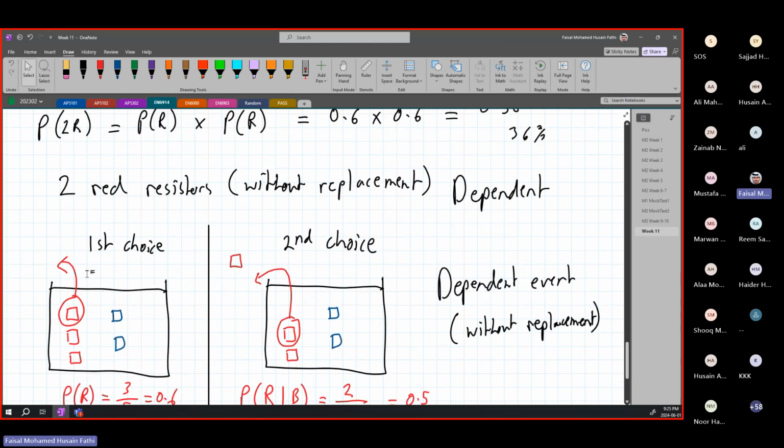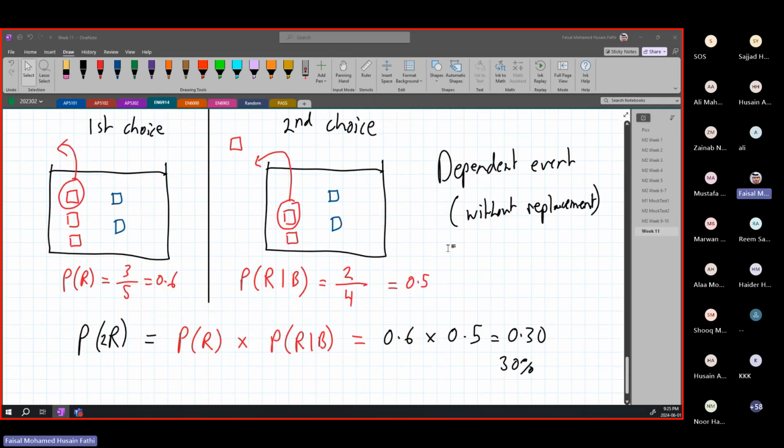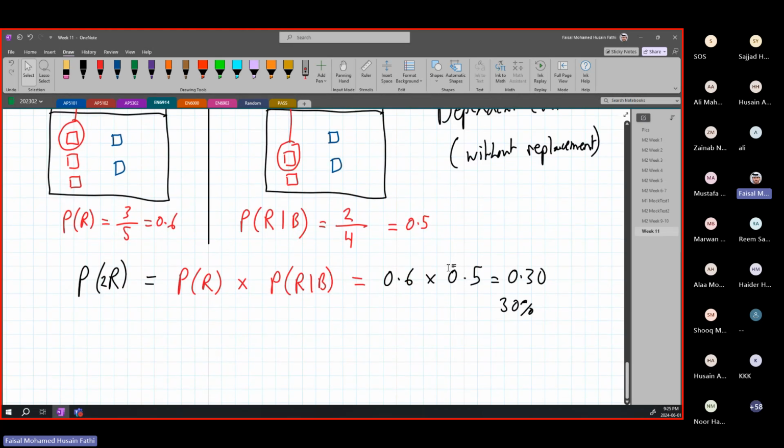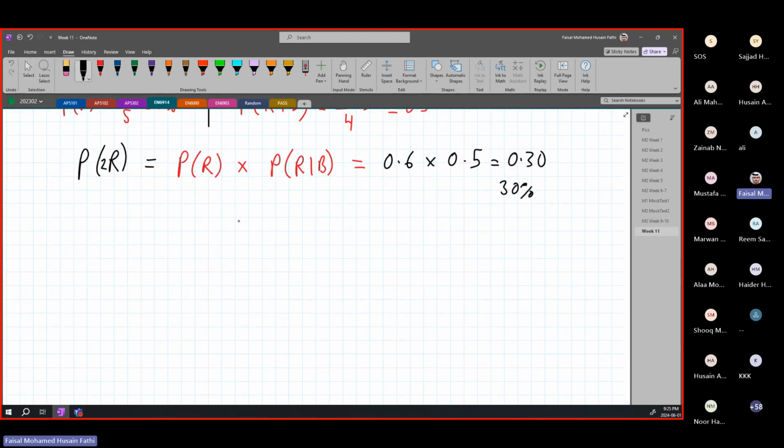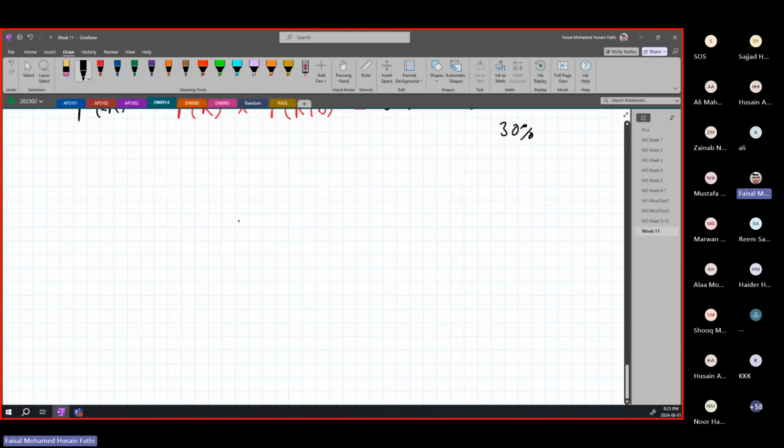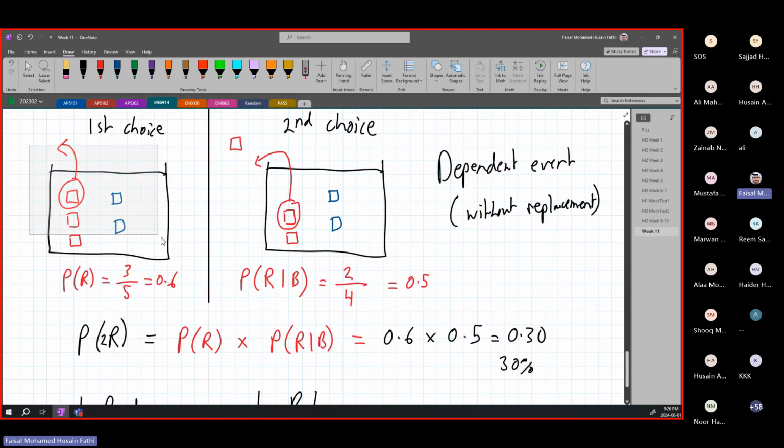Let's look at the same example, but for something else. Let us look at the same example, okay? But the question is now different. Let's say, what is the probability of finding one red or one blue? All right, so we have one choice, but you either get one red or one blue.